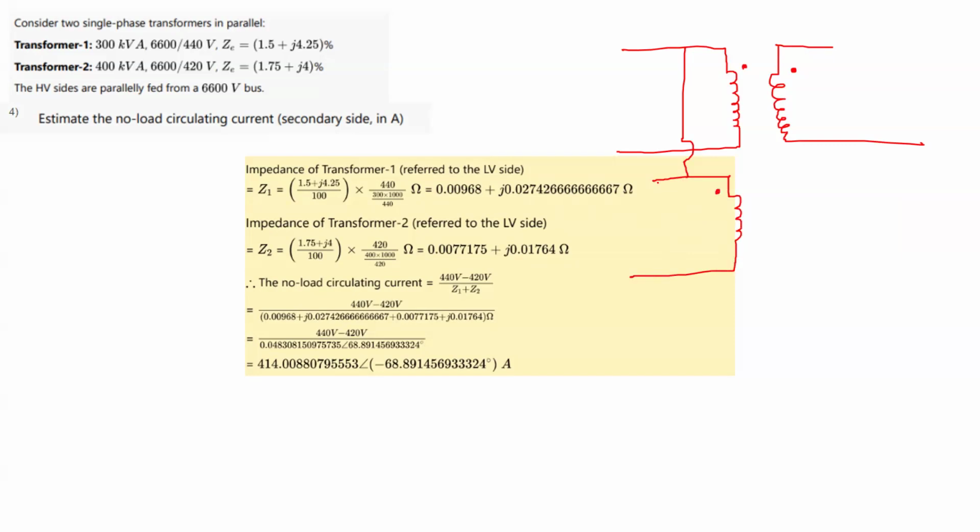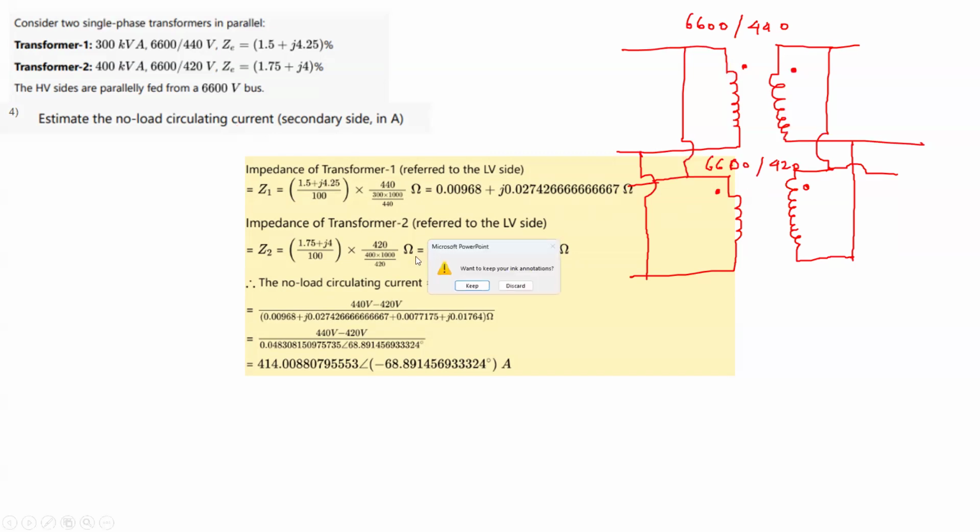You will see that their voltage ratios are 6600 by 440 and 6600 by 420 volts. So you can see that there is a difference in the voltage ratio.